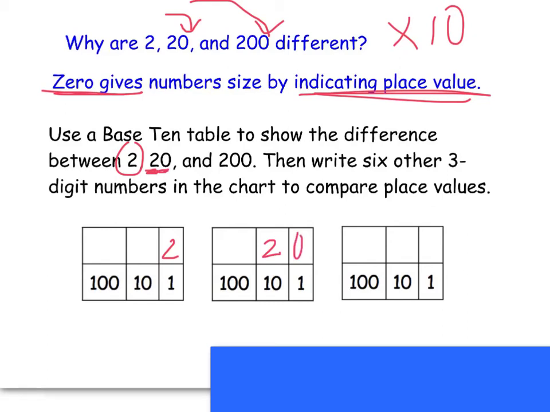We have no ones represented in the ones place. And then that 2 is in what place value? Yeah, the hundreds place. So then we notice that there's no tens and there's no ones represented. So that's kind of how we use our base 10 table. If you want to, I'm going to give you a challenge. It says, write 6 other 3-digit numbers in a chart to compare place values. Feel free to take on that challenge.